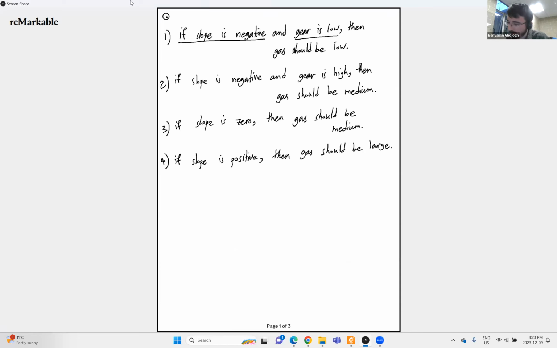Then gas should be high, right? So gas should be high or large, sorry. Gas should be low. Gas should be low, I apologize. Gas should be low, which is this, between 2 and 4.